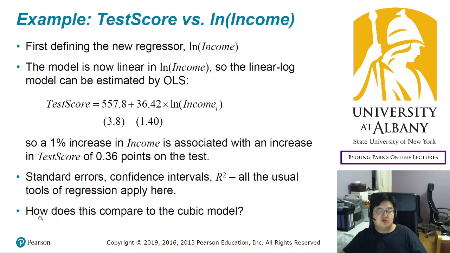So how does this compare to the cubic model? Usually the log model is preferred because it has a better interpretation. The cubic model has no economic justification. Why does it have to be a cubic term of income? Why not fourth order or higher order?